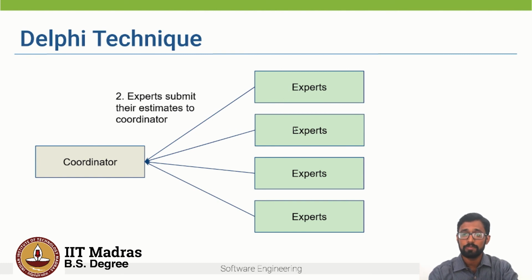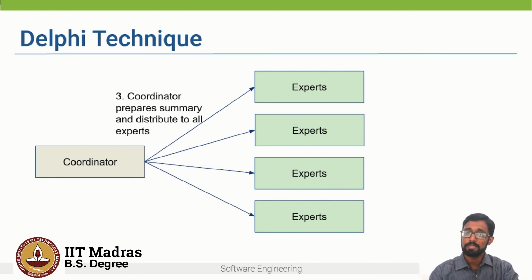Note that each of these experts are submitting it individually. They are not discussing with each other. And what the coordinator does is the coordinator prepares a summary and distributes it to all the estimators, to the experts. Now the experts look at this summary, and based on this, they re-estimate based on all the comments from all the experts.